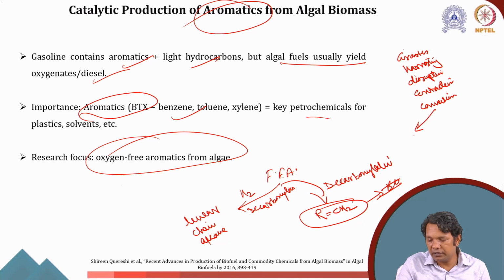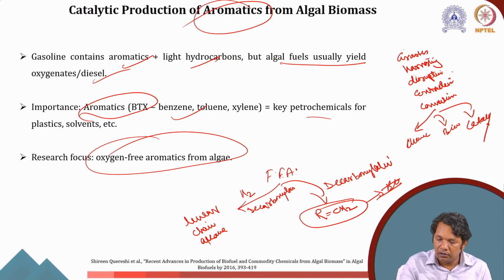Now the conversion can be chemical, bio, or catalytic. After the harvesting, we can use the high temperature process as well. But if we have to go for low temperature, we'll have to go through this process.